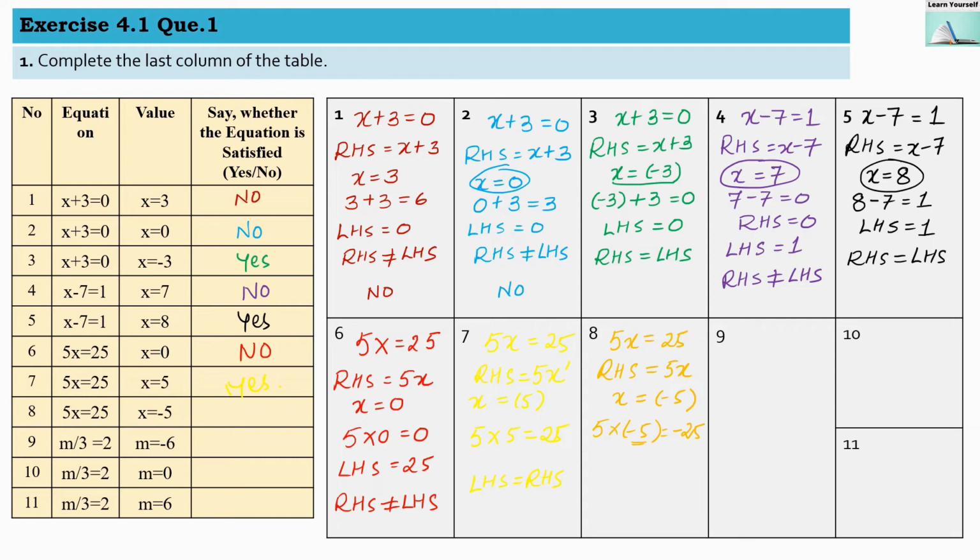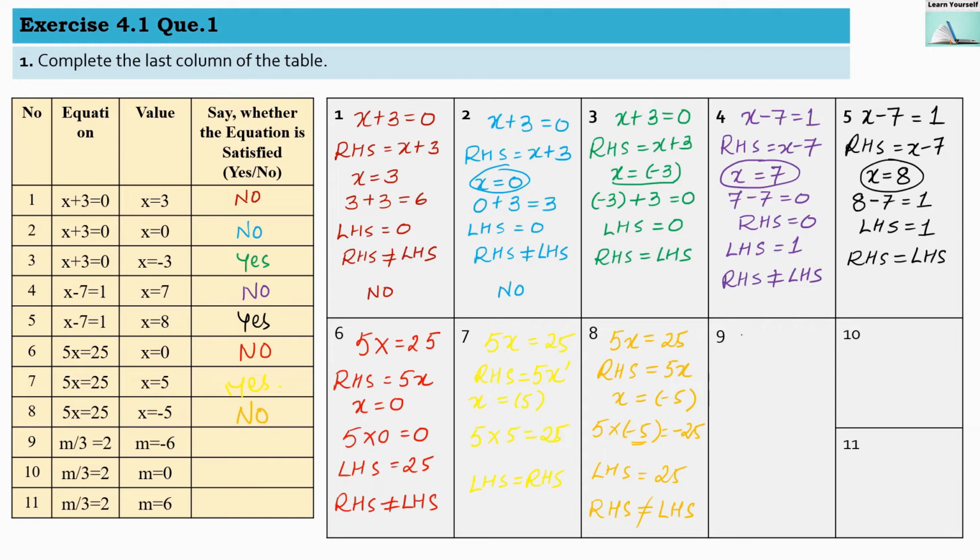So RHS is going to be minus 25. But our LHS is plus 25. So here RHS is not equal to LHS. So this equation doesn't hold true for x equals to minus 5.